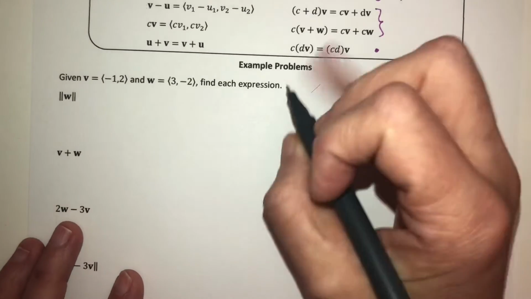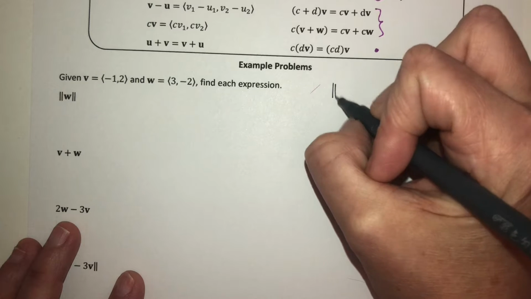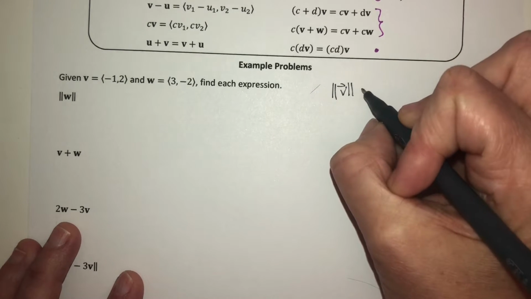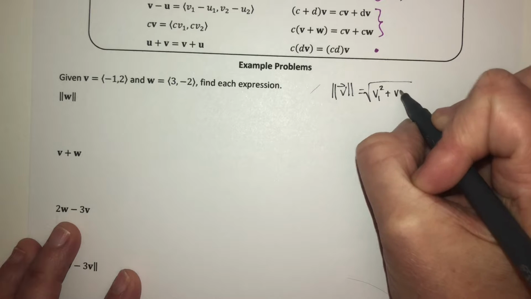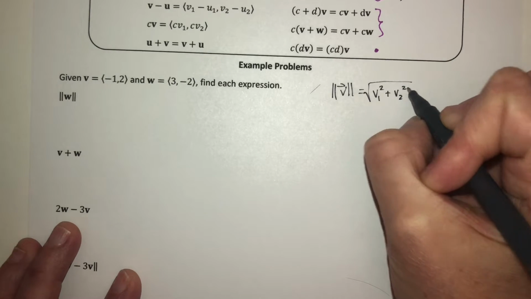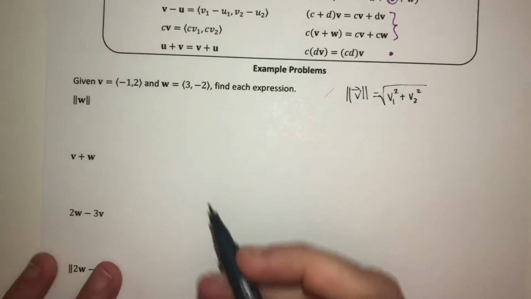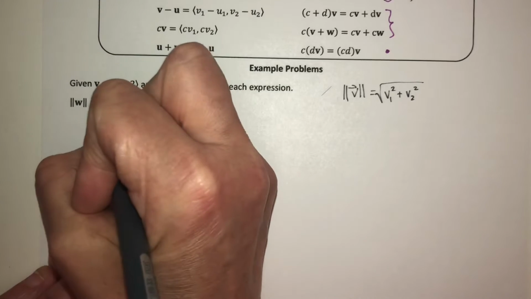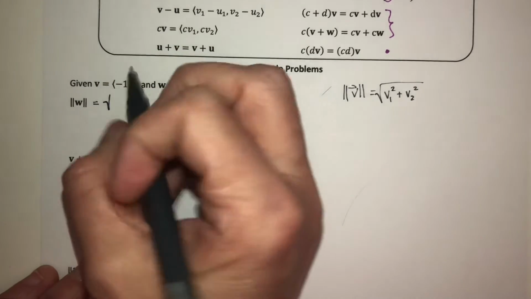Well, we talked about earlier back on page 5 of these notes that vector v, the magnitude of that, was equal to the square root of its components squared. So if we're asked to find the magnitude of w, this will be equal to the square root of the two components squared and then added together.